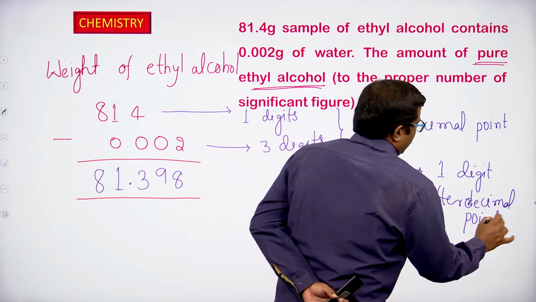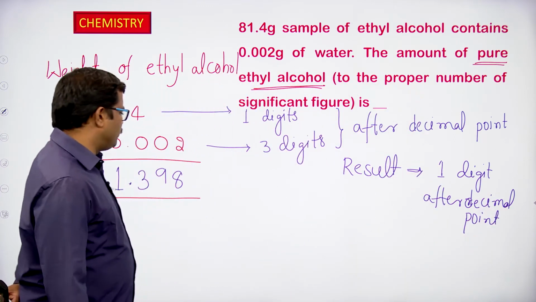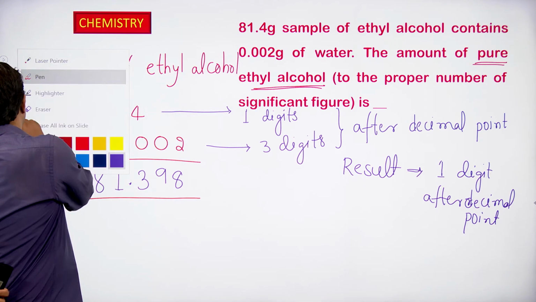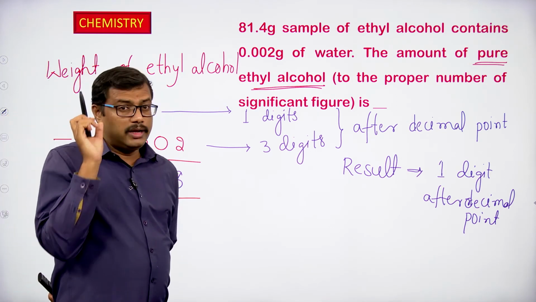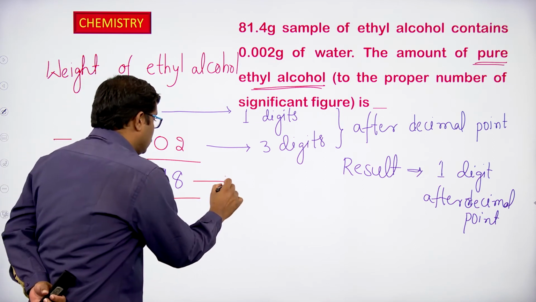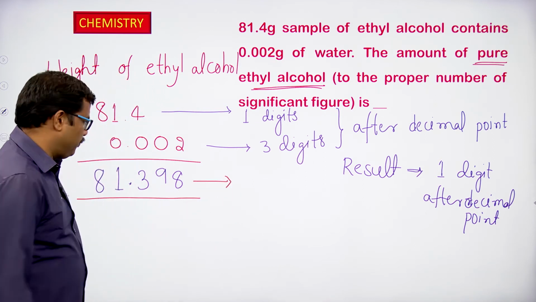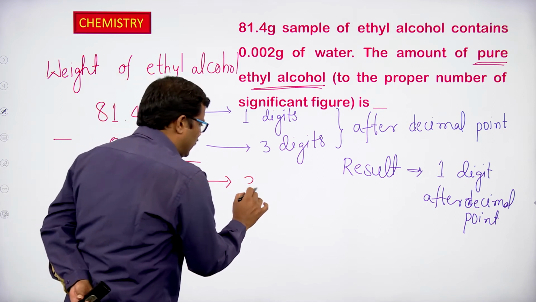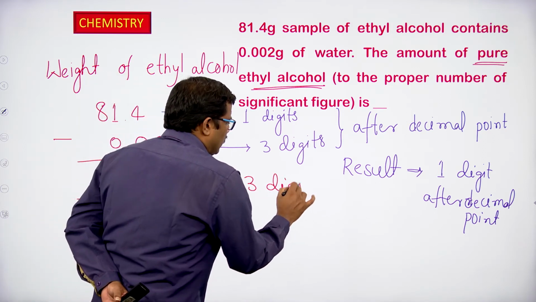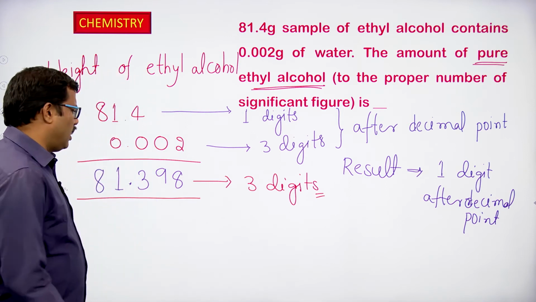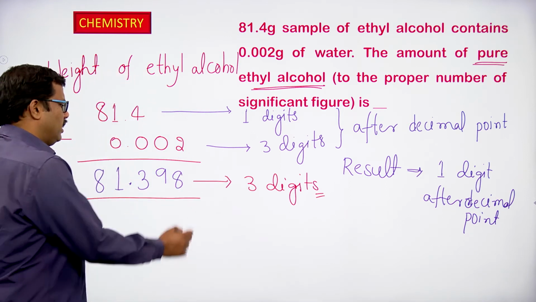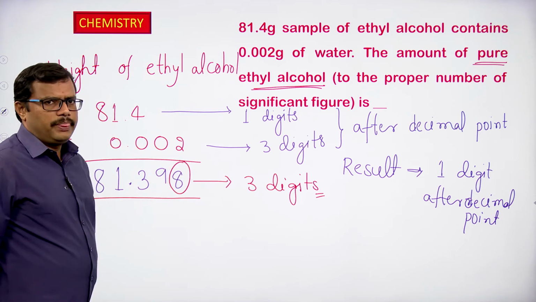If you observe the result we got from subtracting 0.002 from 81.4, how many digits does it have after the decimal point? 1, 2, 3. So, we have 3 digits after the decimal point, but we have to reduce it to 1. In order to reduce it, we have to remove the rightmost digit.